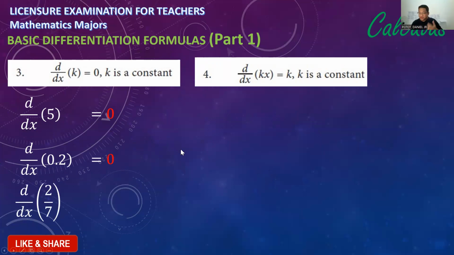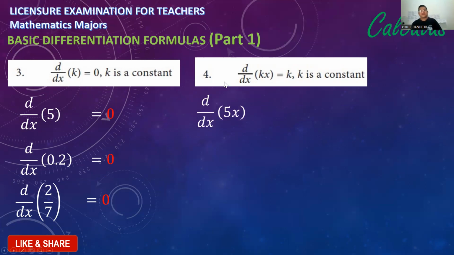Then the derivative of 2 out of 7 is a fraction. Again, 0 pa din siya. Kahit derivative ng pi, pi is a transcendental number. So, that one is still 0. Kahit the square root of 2, square root of 3, may mga radical. Derivative of square root of 3 is again equal to 0. Tandaan nyo lang, any constant, the derivative is always equal to 0.